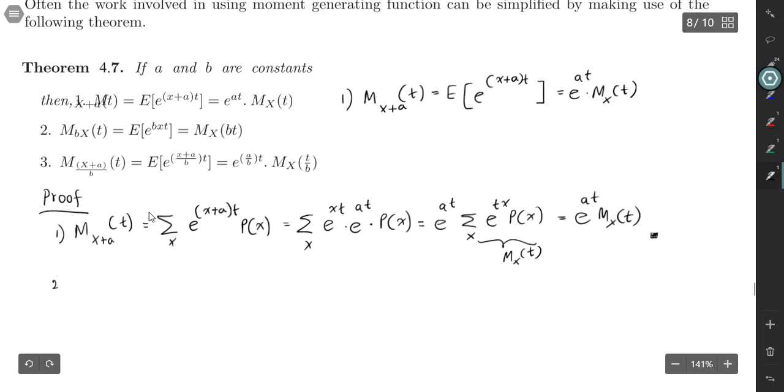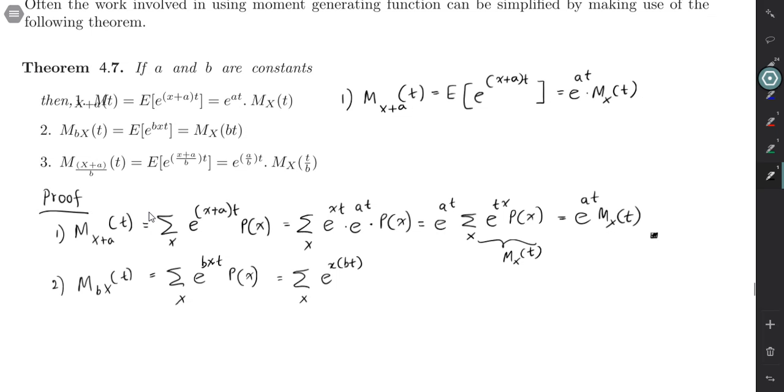Okay, let's try the second one, multiplying X by a constant. Again, we write the definition. So you have e to the bxt times p(x). Let's write this as e to the x times bt, by combining b with t rather than x.